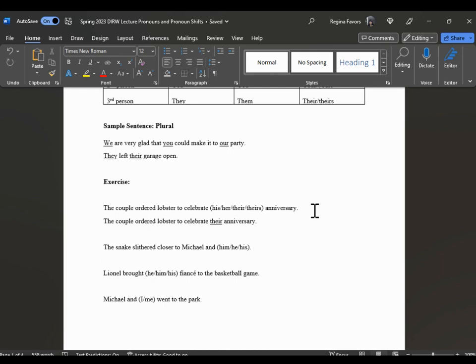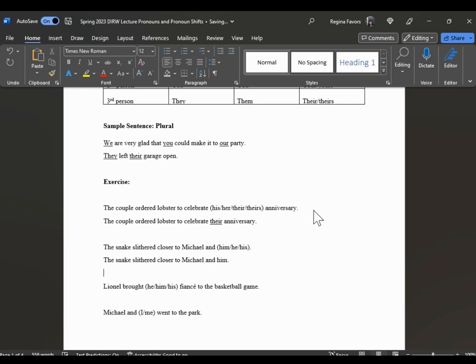Okay. The snake slithered closer to Michael and him. So the snake slithered closer to Michael and him, because the him here is receiving the object of the snake. It's a strange sentence. So let's look at Lionel.